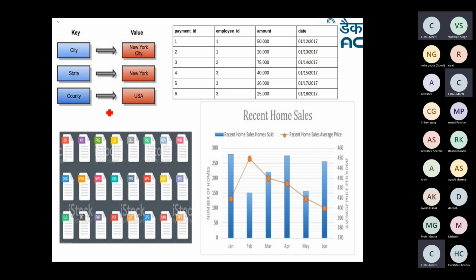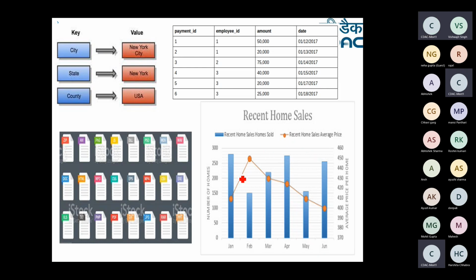So if you are storing any kind of data, you can store it by using its specific key. The same things are there in another table. This is also a structured database. Different file formats are given there. MP4 data is also known as non-structured data, and there are also statistics or graphs.